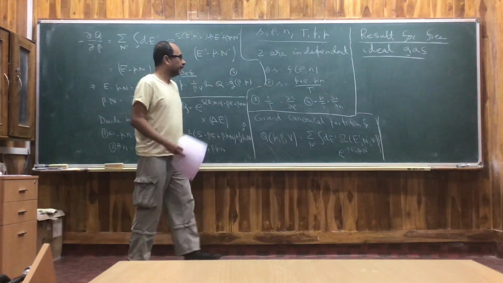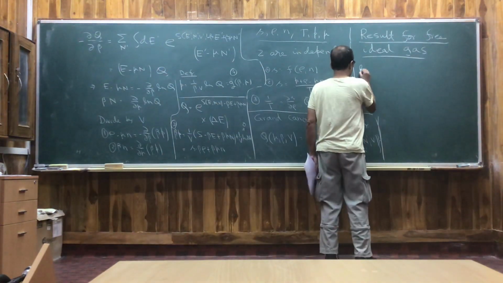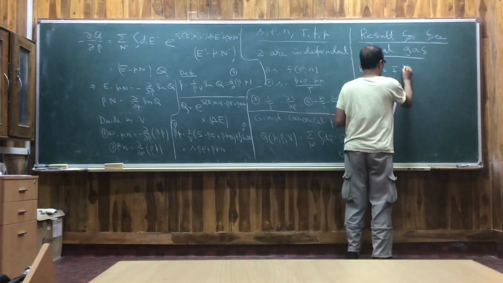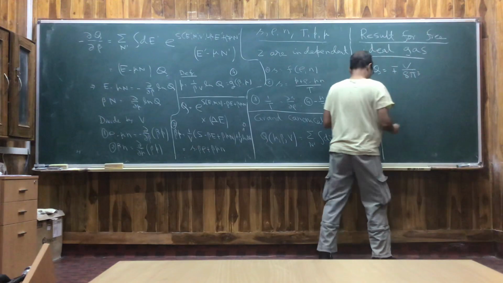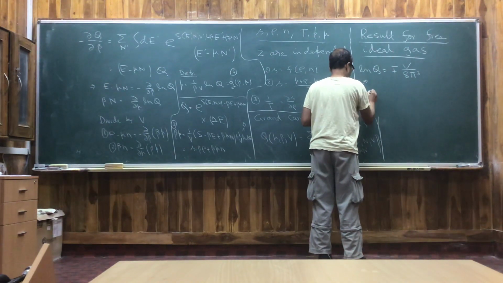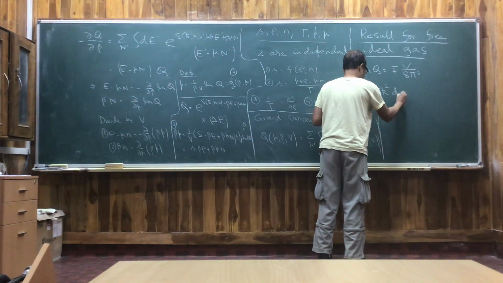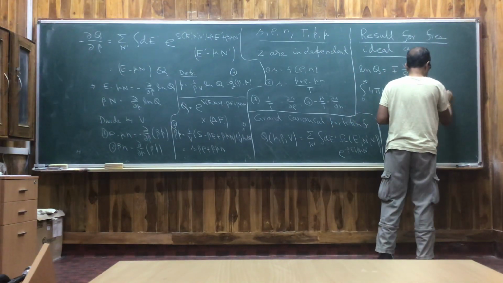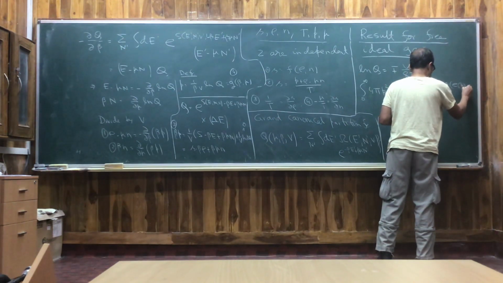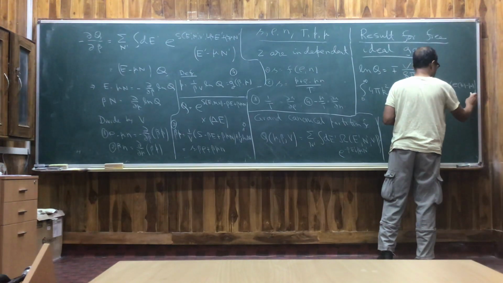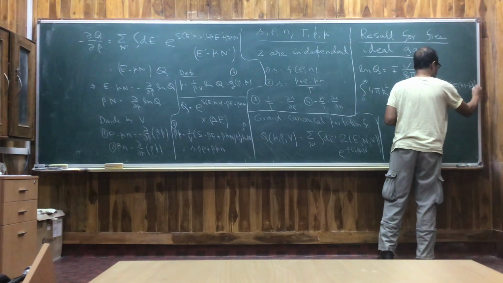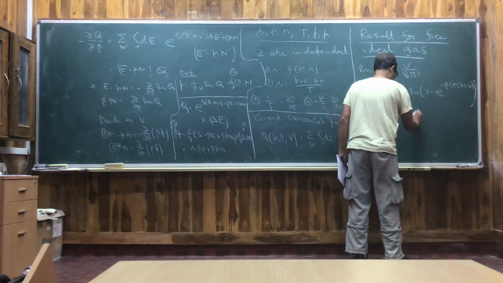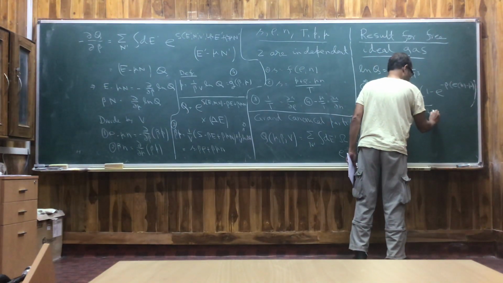So with that, the result is log Q is, I'll write the expression for bosons and fermions together, minus plus V over 8 pi cubed times the integral from 0 to infinity of 4 pi k squared dk log of 1 minus e to the minus beta (e of k minus mu), where e of k is just the square root of k squared plus m squared. m is the mass of the particle.